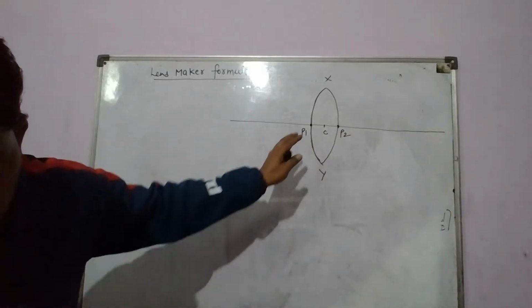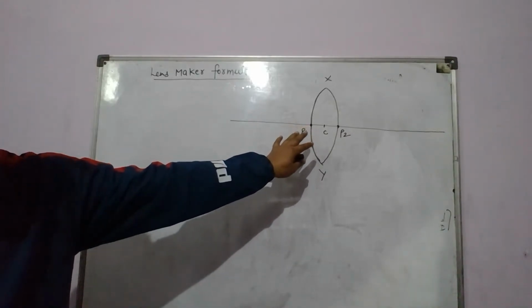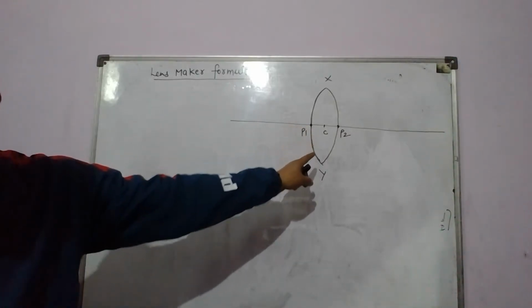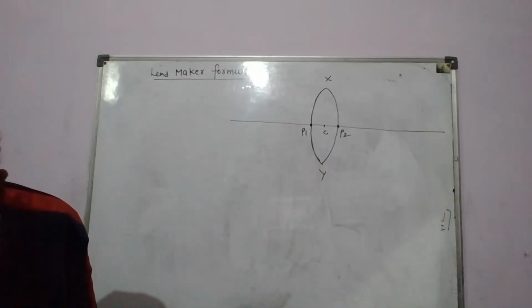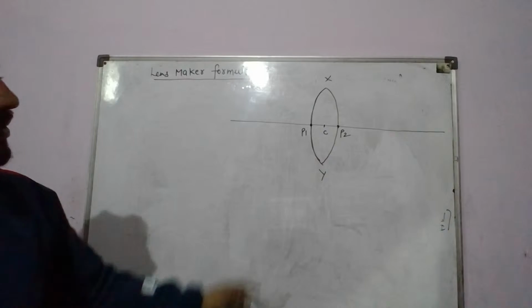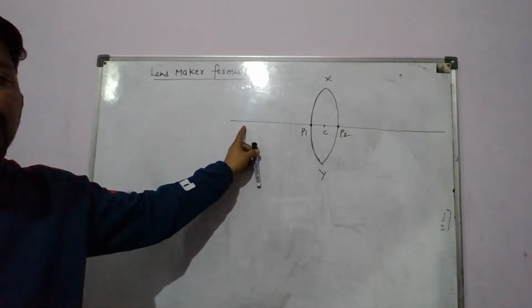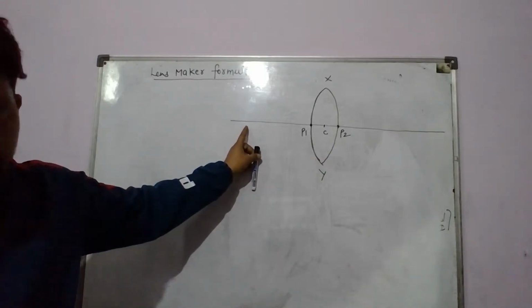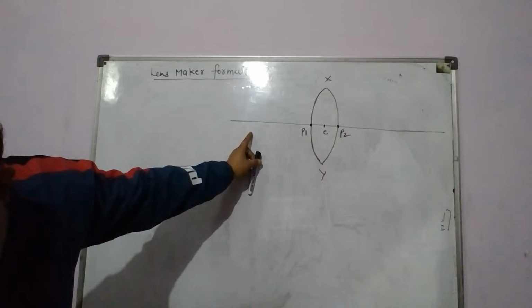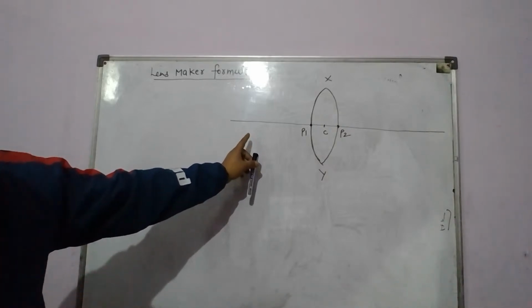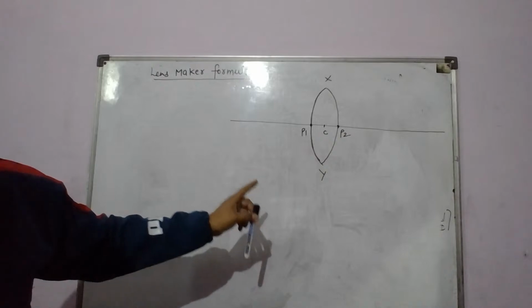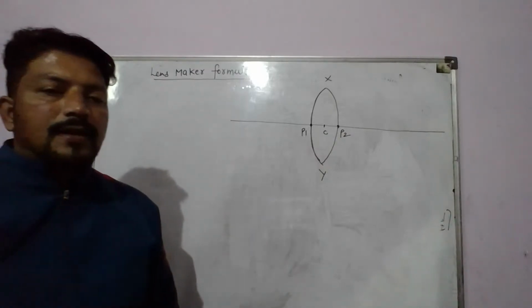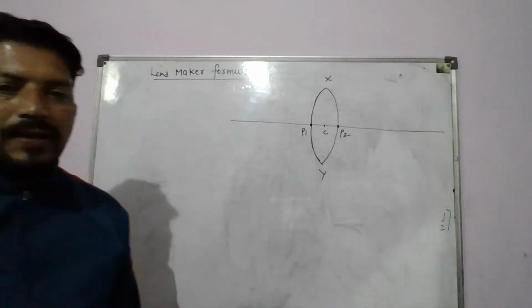The aperture of the lens is small, and the object is a point object situated on the principal axis. You know, the object is always placed on the principal axis, and the incident ray and refracted ray make very small angles with the principal axis.